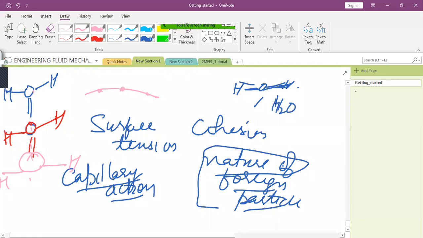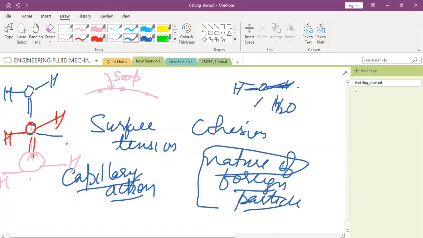Now they have a force of attraction between each other, among themselves. So say the water is being infiltrated with some foreign particle of, say, soap. So what will happen? This soap molecule may tend to interact with this red one.